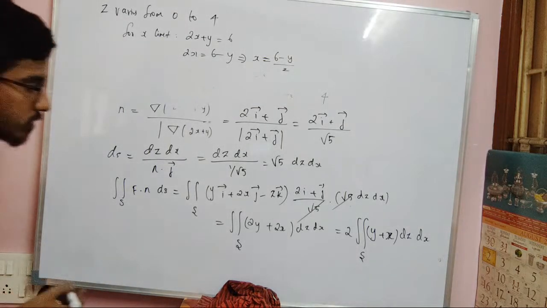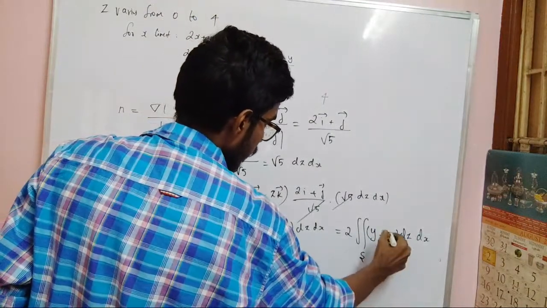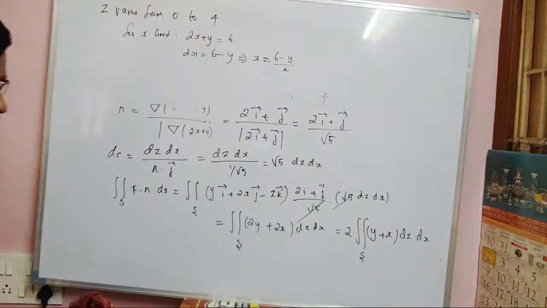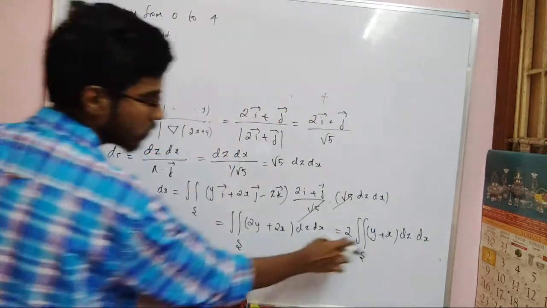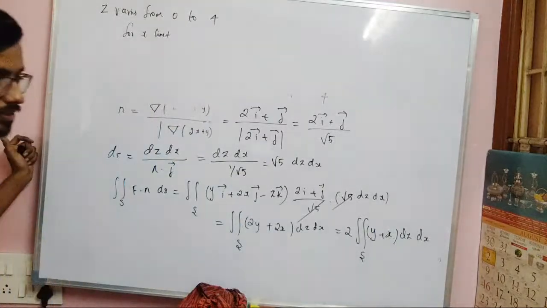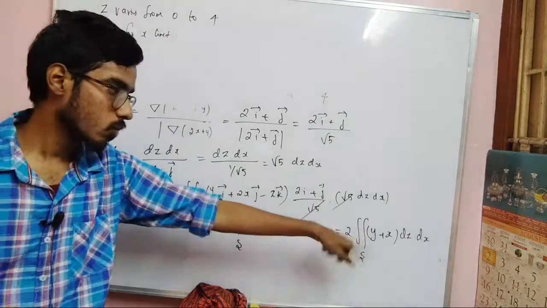Without finding the x limit, x varies from 0 to 1, and we will transform y in terms of x, because that is what we did in the previous problem also.